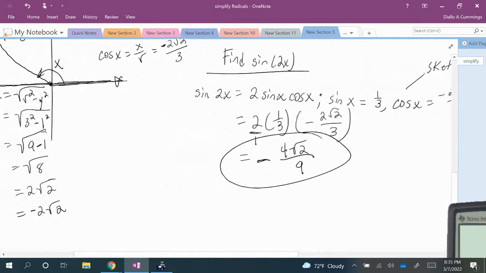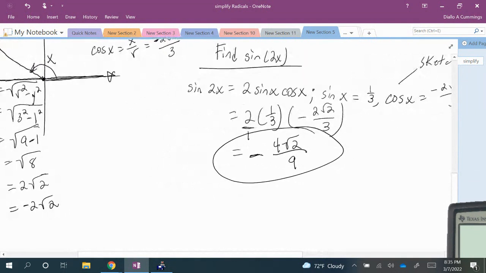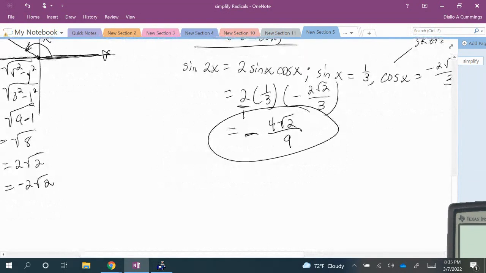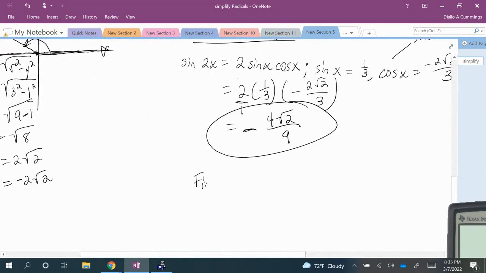So that was based on a triangle sketch. Next, we're going to find the double angle, or the double number, for cosine.